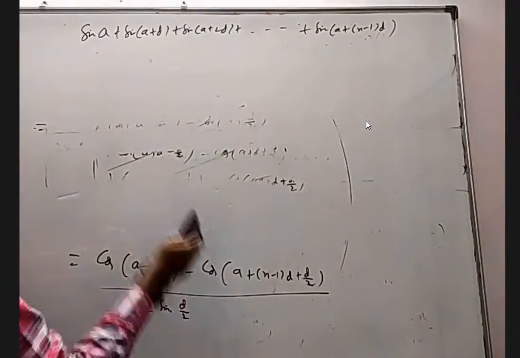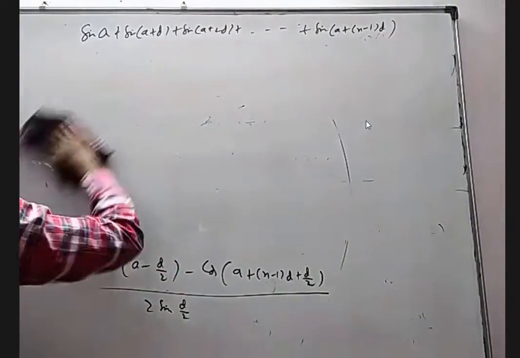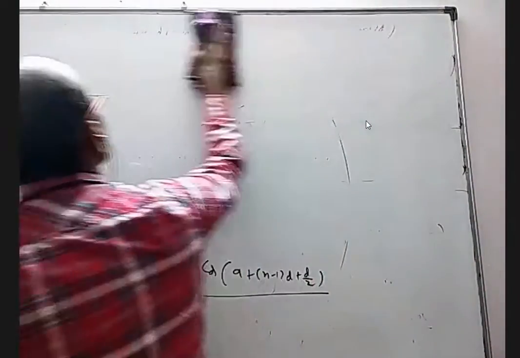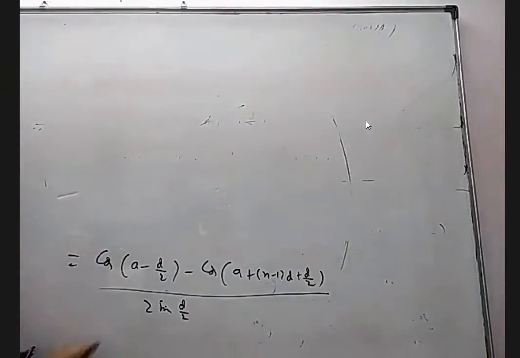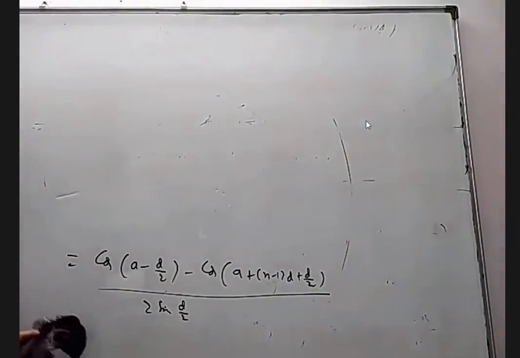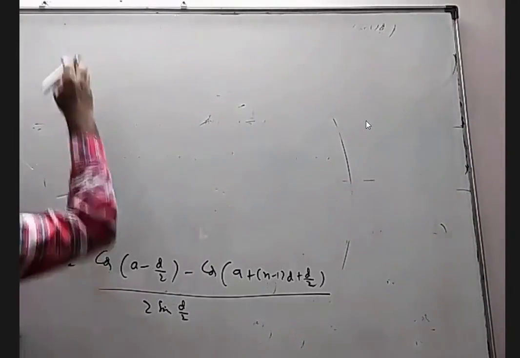So now I want to apply transformations for these two. Cos C minus cos D. This whole thing is C, this whole thing is D. Minus 2 sin((C + D)/2) sin((C - D)/2).